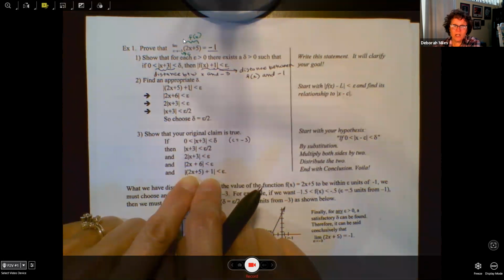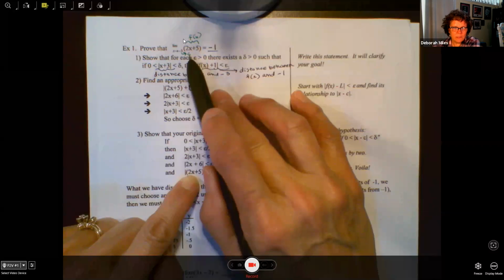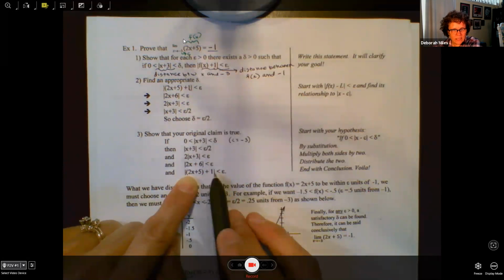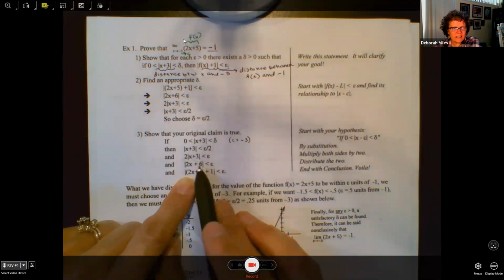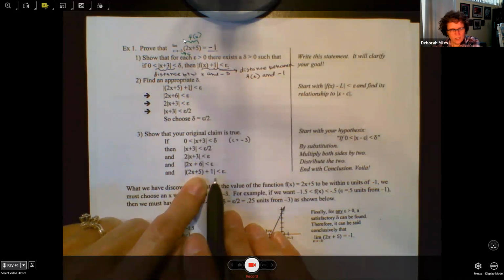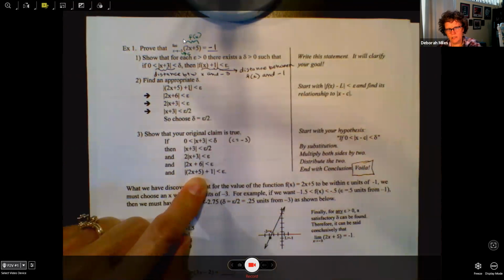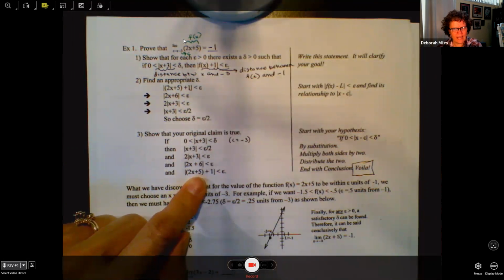And then, because I know that I want that to be f of x minus L, I just split that 6 into what I want it to be. And then you always end a proof with your favorite expletive, favorite PG rated expletive.